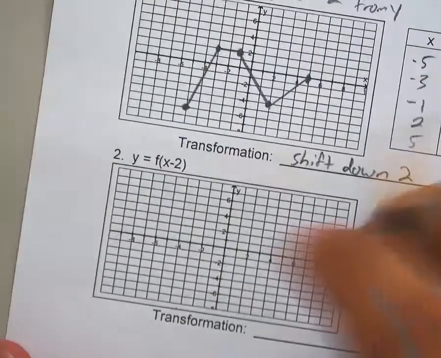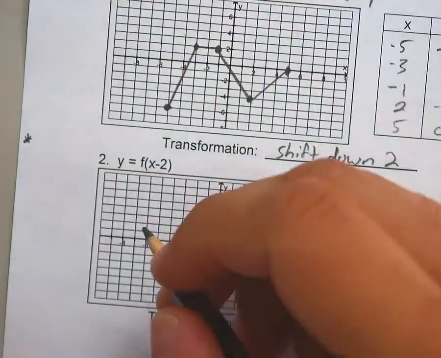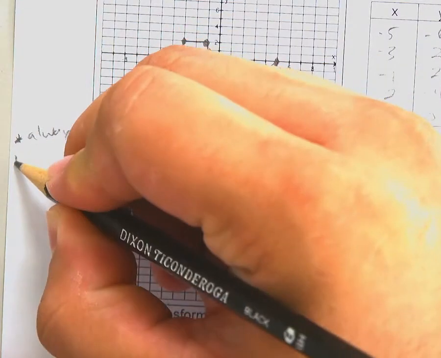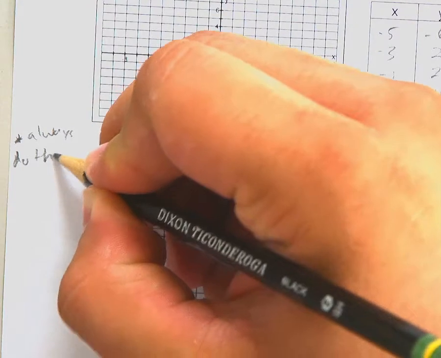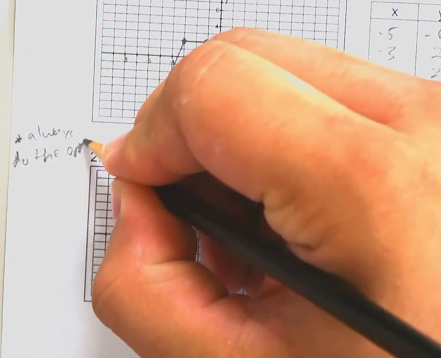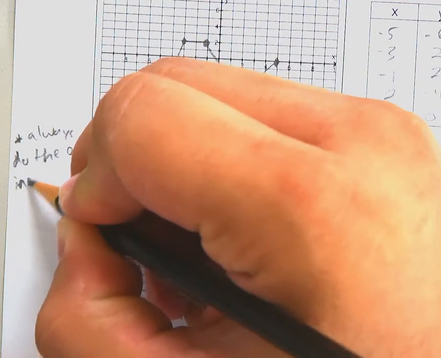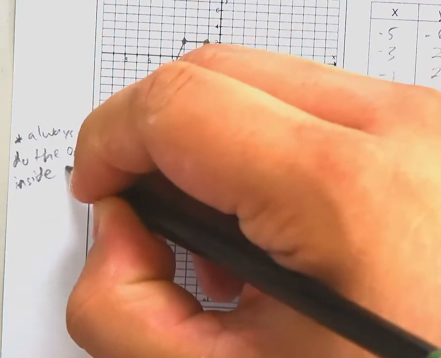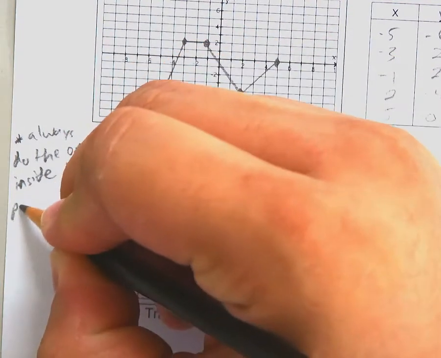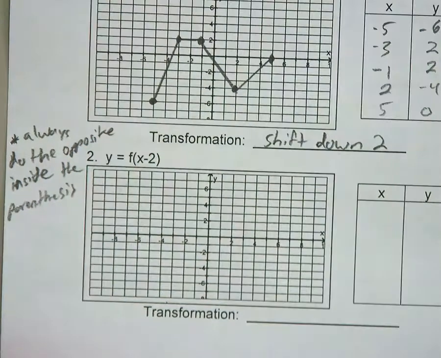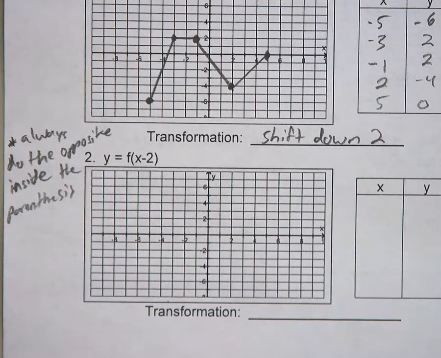I want you to put a little star right here beside your notes, and I want you to write, always do the opposite inside the parentheses.